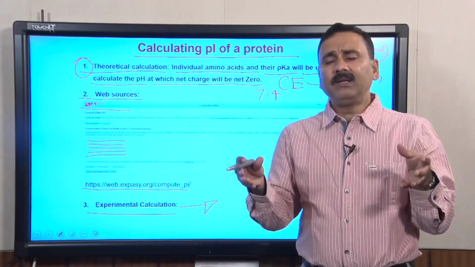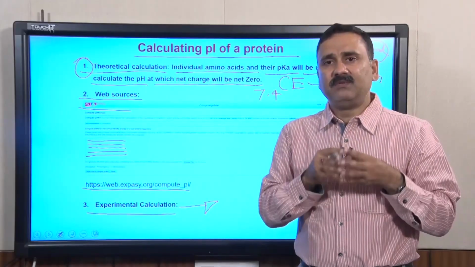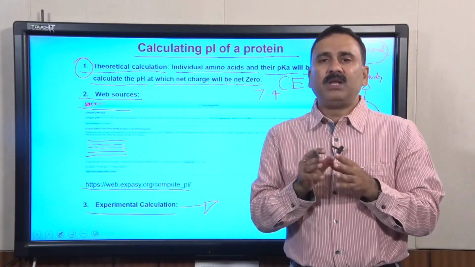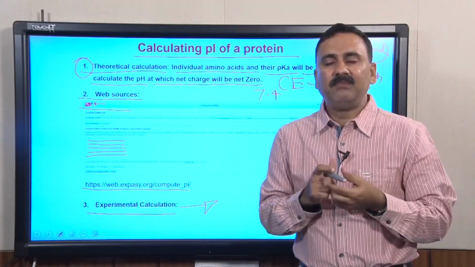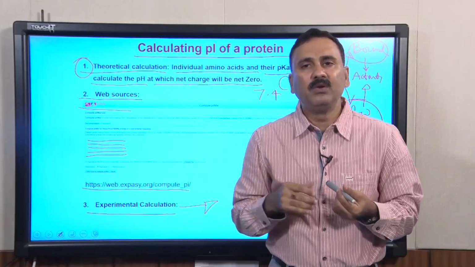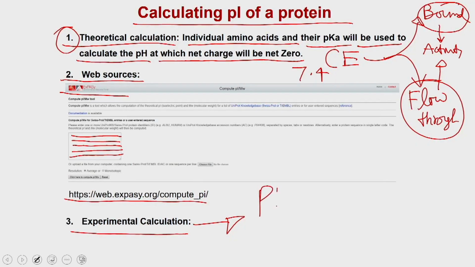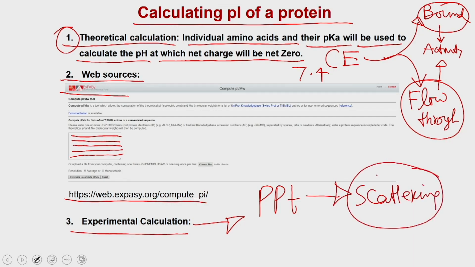But at the pI value, when the net charge is 0, the protein is going to be the least soluble, and because of that the protein will start to precipitate. When the protein makes a precipitate, it gives very high scattering. Now, scattering can be calculated by taking an absorbance at 660 nanometer.